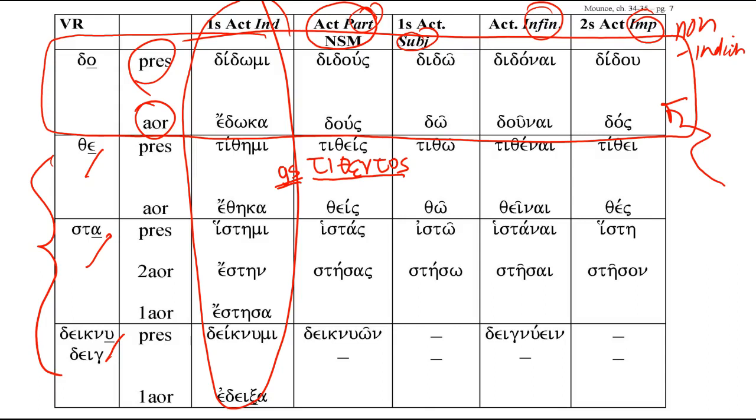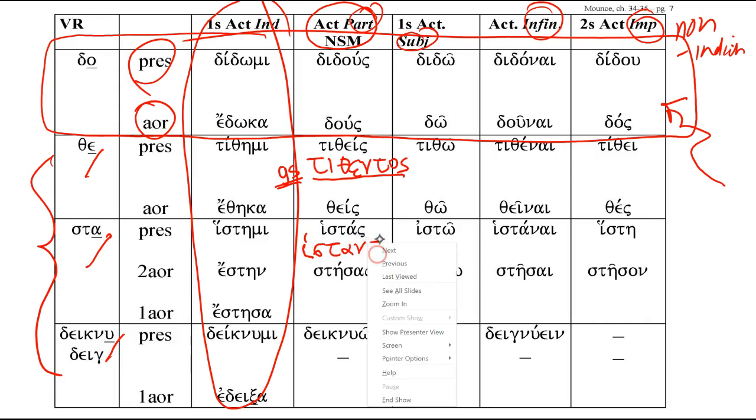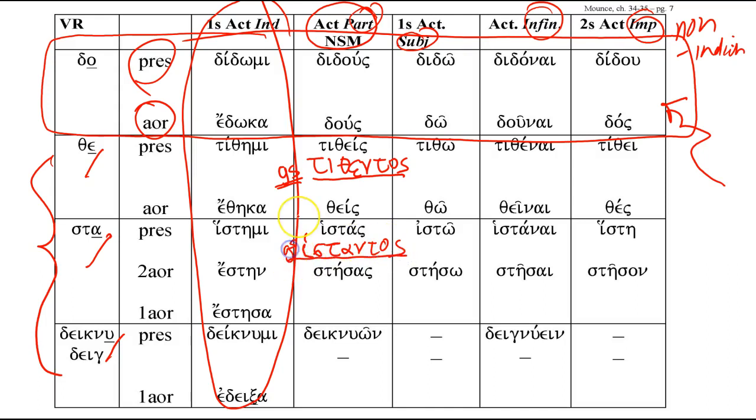And the same thing will be for histemi. So it would be histantos. And from histantos, you can form the basis, this genitive singular, for every other form of the participle.